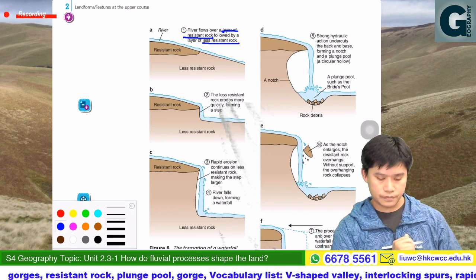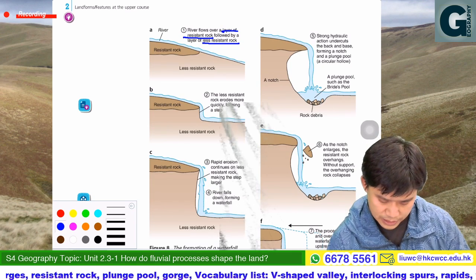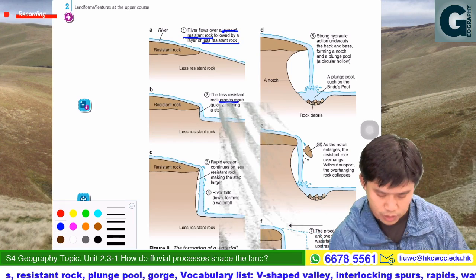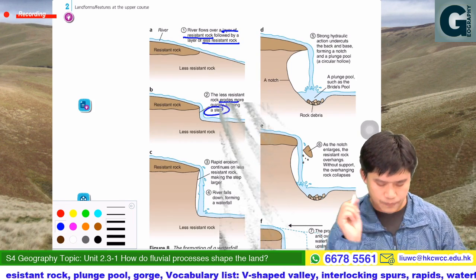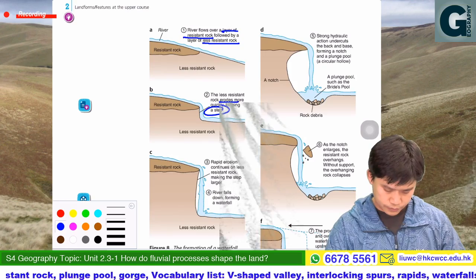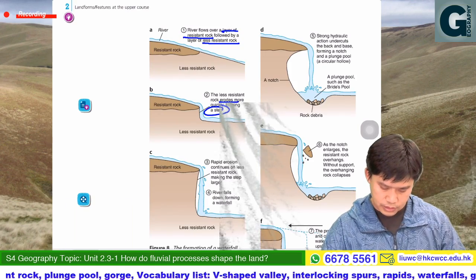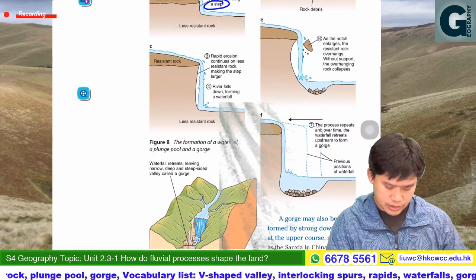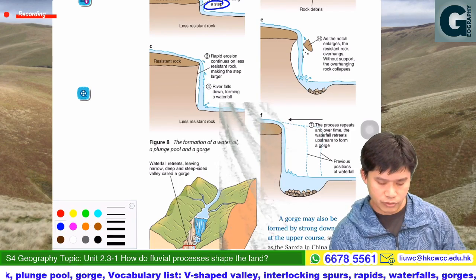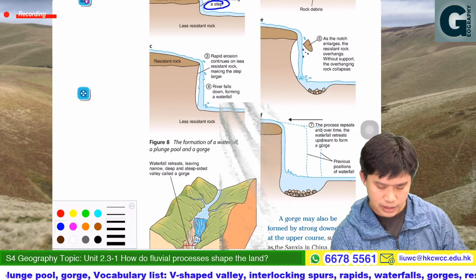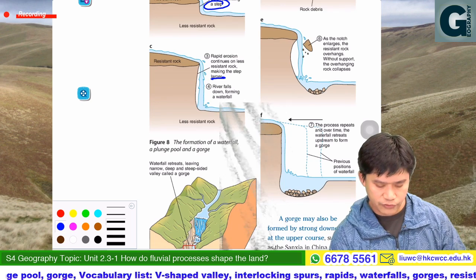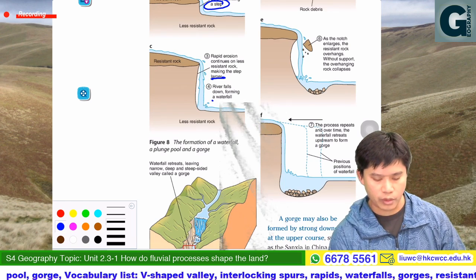Then the less resistant rock erodes more quickly and forms a step. Rapid erosion continues on the less resistant rock, making the depth larger, and water falls down from a waterfall.